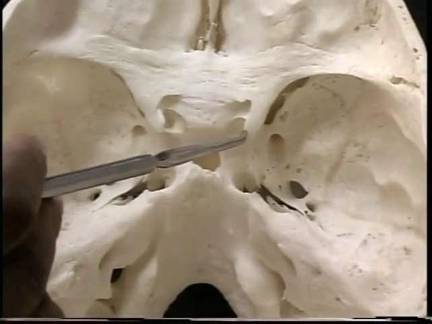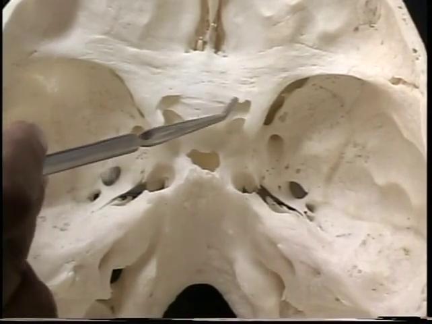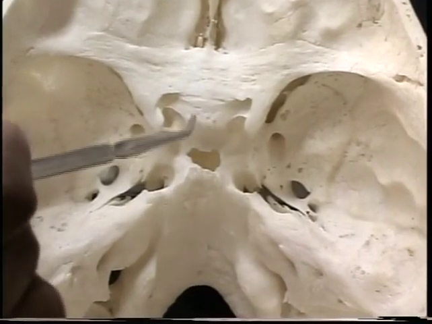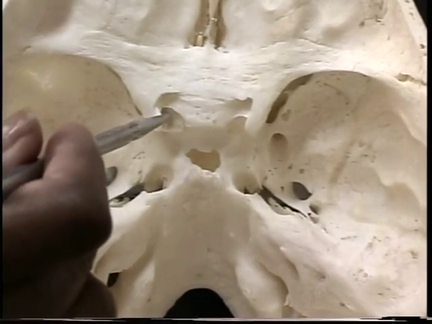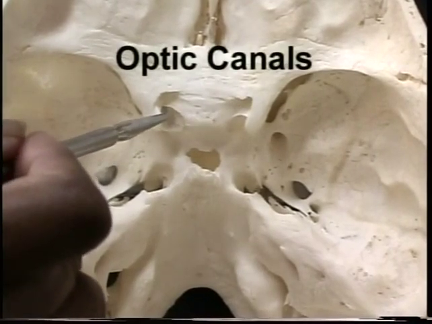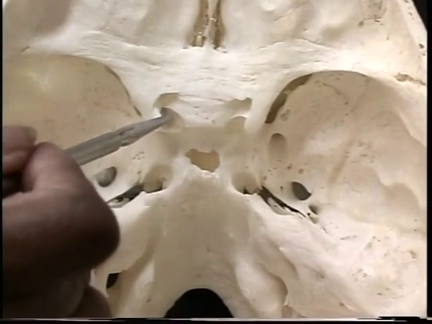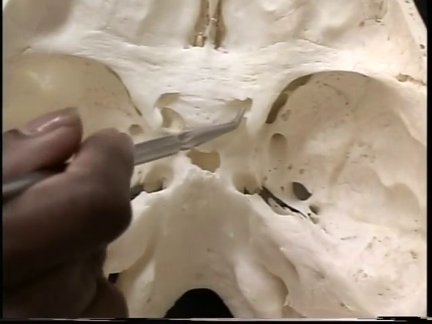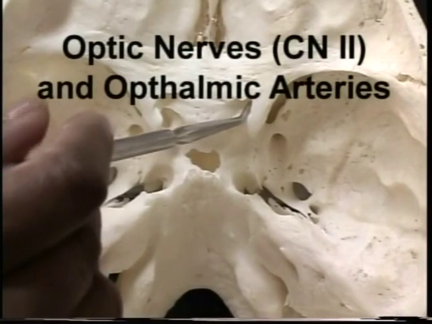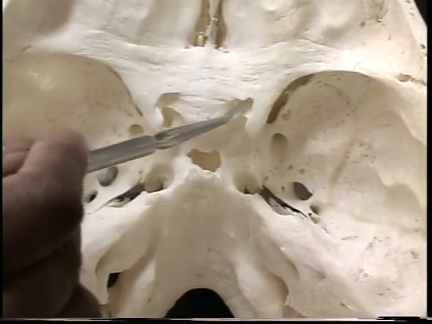These two projections are known as the anterior clinoid processes. On the medial aspect, we see these openings, and these openings are the optic canals on each side, which enter into the orbit. The optic nerve with the ophthalmic artery travel through this opening.